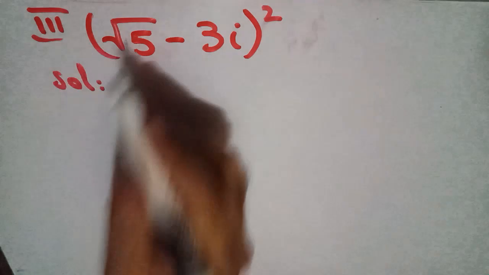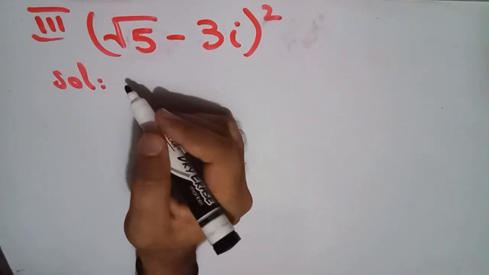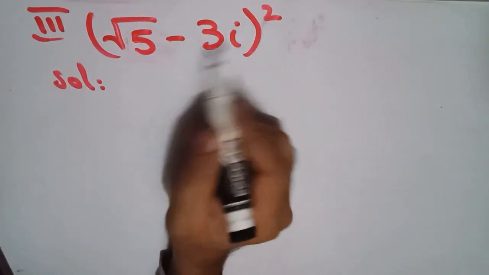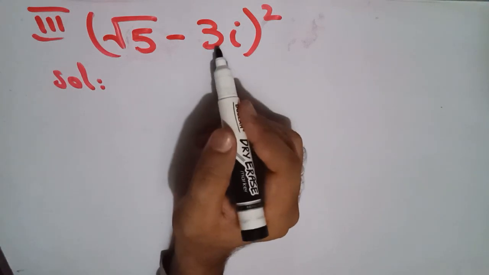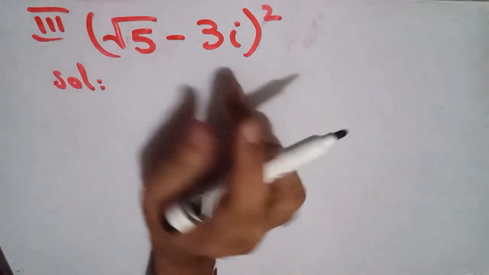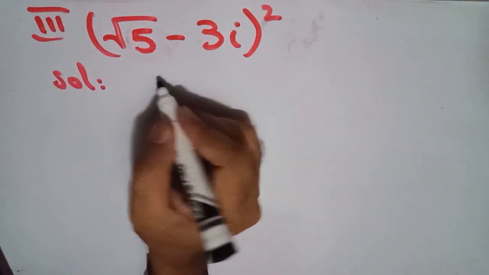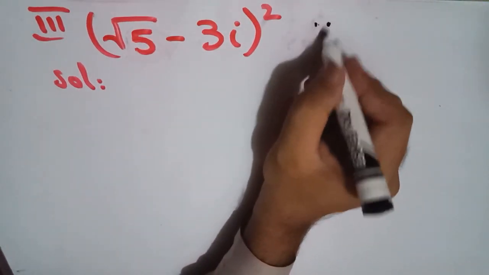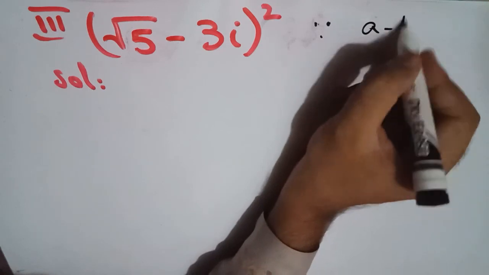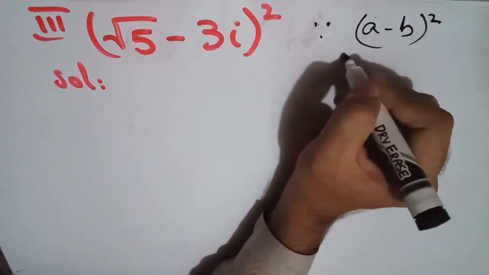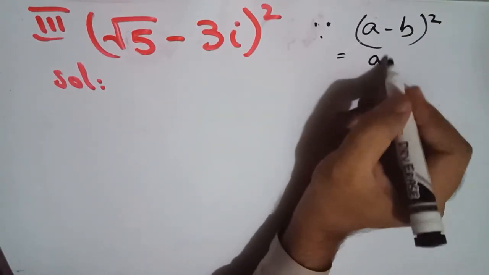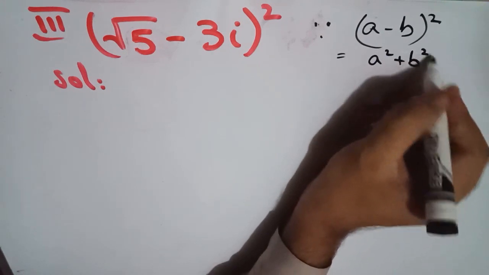In the next part, we will find the square of the under root 5 minus 3 iota. So simply it is the square of a minus b. So you can write it as a minus b's whole square. Okay, by changing it we can get a square plus b square minus 2ab.